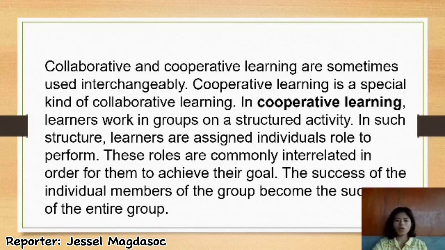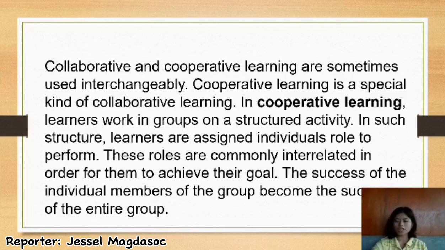In cooperative learning, learners work in a group on a structured activity. In such a structure, learners are assigned individual roles to perform. These roles are commonly interrelated in order for them to achieve their goal. The success of the individual member of the group becomes the success of the entire group.